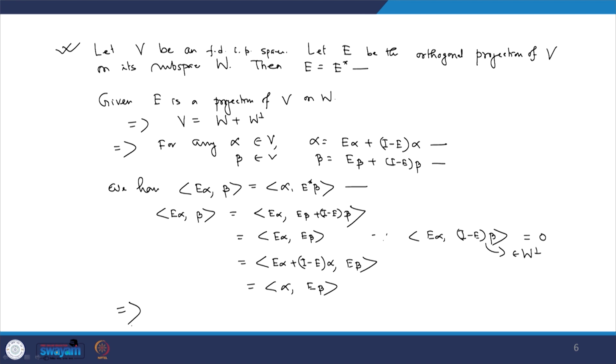So, this implies E star equal to E. So, if I consider an orthogonal projection operator of a vector space V on its subspace W, then the adjoint of the projection operator E will be equal to that operator itself. So, let me take examples.